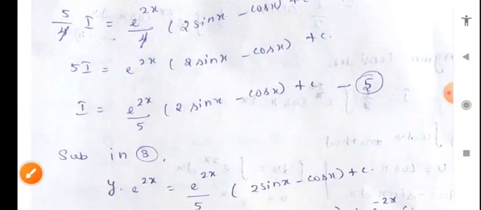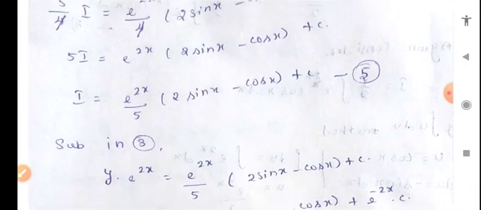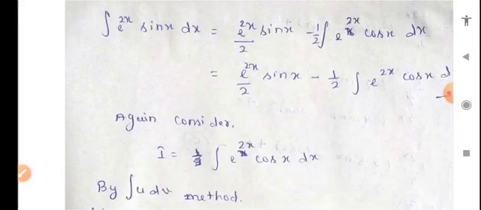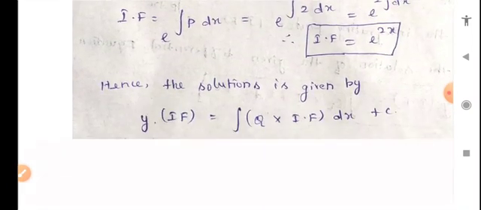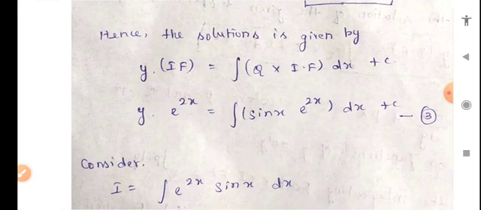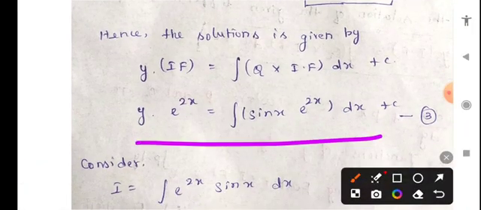Now take this value, because we found it as the integral of e power 2x into sin x dx only. But the general solution we found is in equation number 3, where the condition given is y into e power 2x equal to the integral of sin x e power 2x dx plus c.